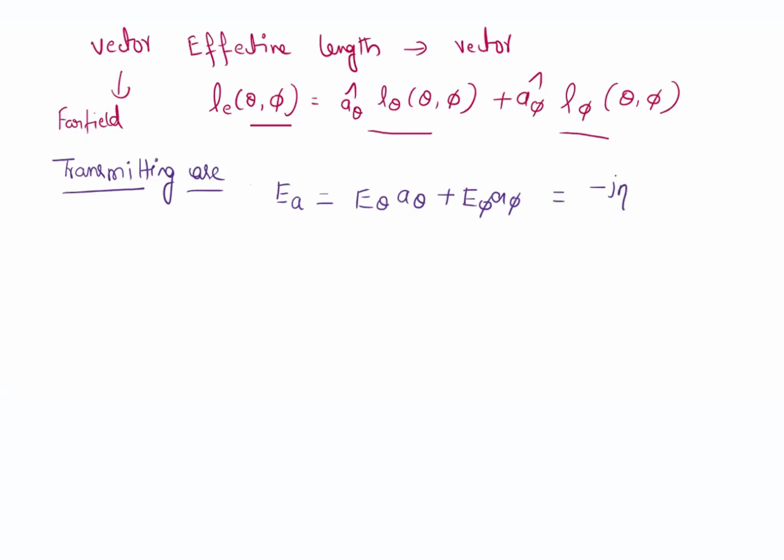That is equal to minus j eta k I_n by 4 pi r, L_e into e power minus jkr. This expression has many parameters. Eta is the intrinsic impedance; for free space it is 377 ohms. k is the wave number, which is 2 pi by lambda. And I_n is the current supplied to the transmitting antenna.